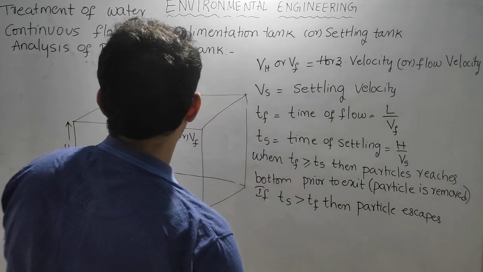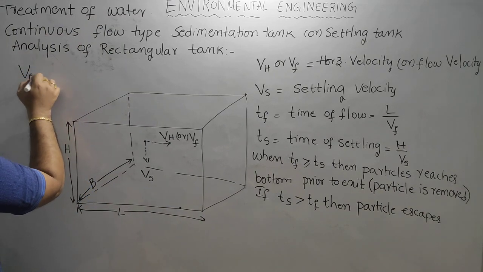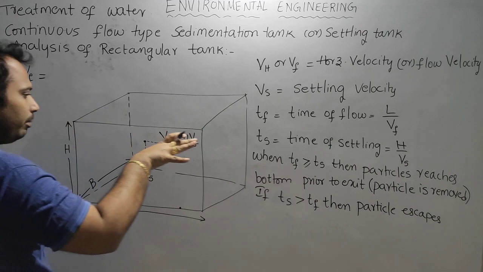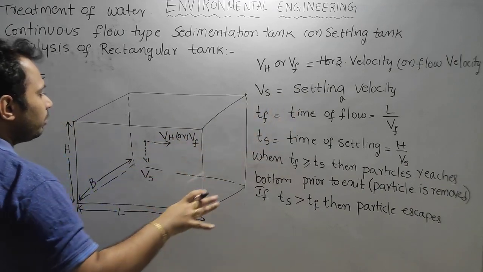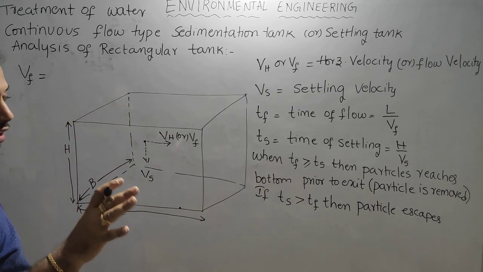The velocity of flow is nothing but... discharge is going from the sedimentation tank in this direction. Let Q be the discharge which is going out of the sedimentation tank.